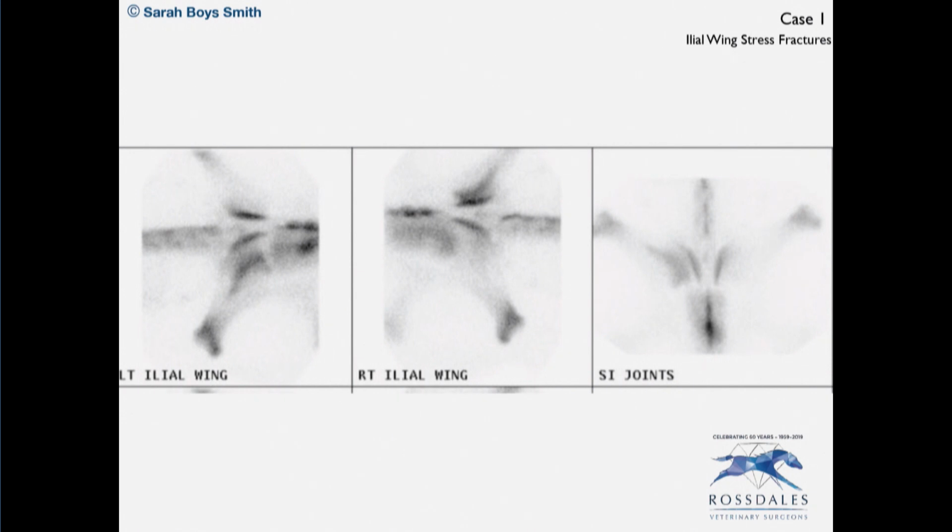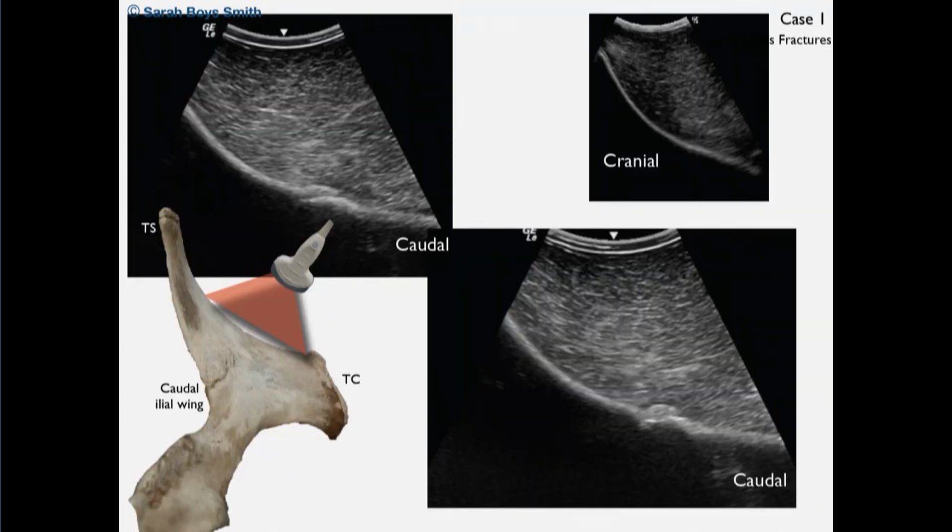And from an ultrasonographical point of view, again, we can see changes in the caudal aspect of that ilial wing, but not on the cranial aspect. So it's just important to make sure we follow those through from caudal to cranial, and we can then look at that callus development as well. So we've got more of a callus formation here, on this ultrasound which is just slightly more caudal compared to this one.